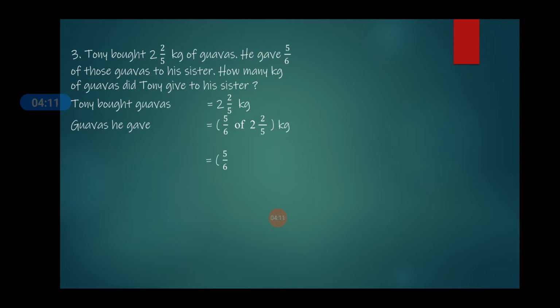In the next step we need to convert any mixed number into an improper fraction, and then we put the multiplication mark in the place of 'of'. After that we look at the fractions.